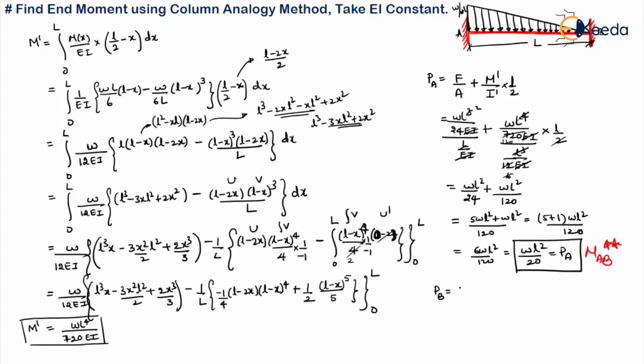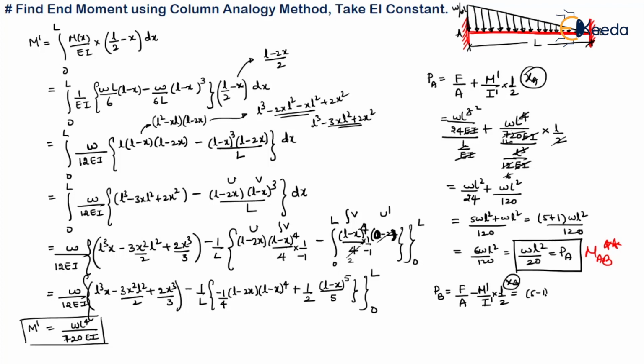Now if you want MBA or PB, you just have to change the sign. So that will be F by A minus m dash by I dash into L by 2. L by 2 is nothing but your XA, and here this is nothing but your XB. Instead of plus here, we will get minus.